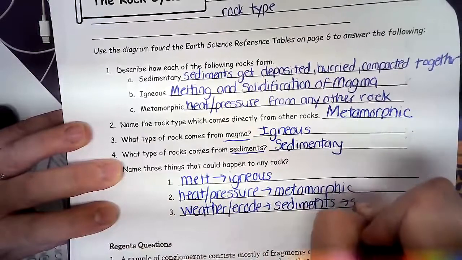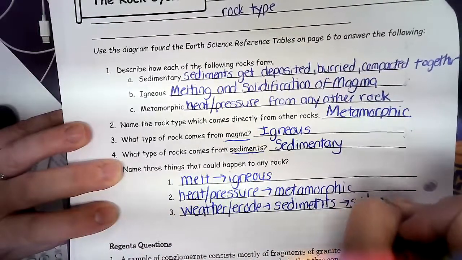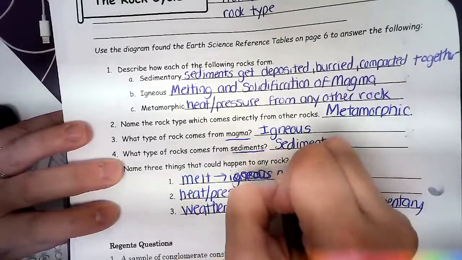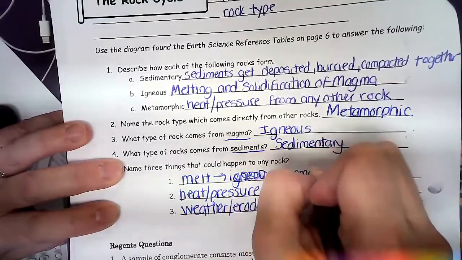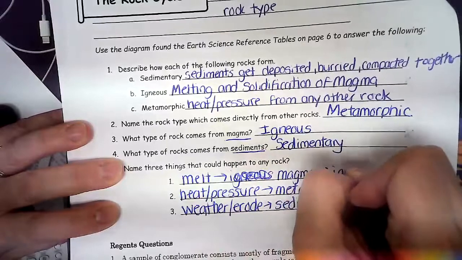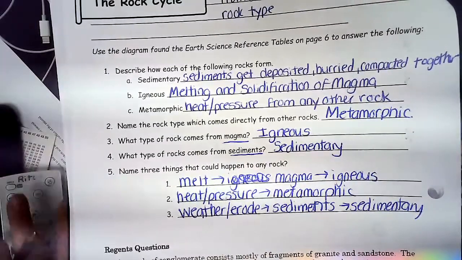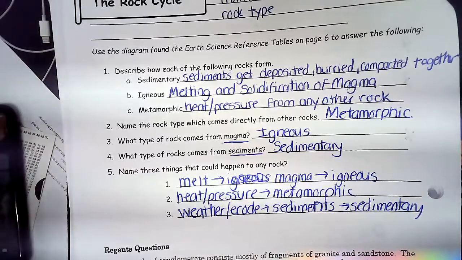That will then turn into sedimentary. And I guess I should say up here, they will melt into magma and then turn into igneous. So any rock can basically turn into any other rock.